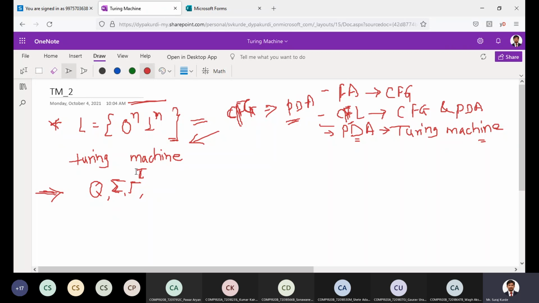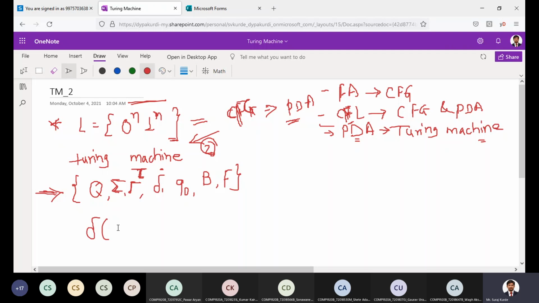You may write it as T or some other symbol; you may find different symbols. Then we have the transition from current state to next state on accepting some input, then the movement of read-write head. Then the initial state, then a blank symbol which denotes an empty cell, similar to Z0, the default stack symbol, and the final state.